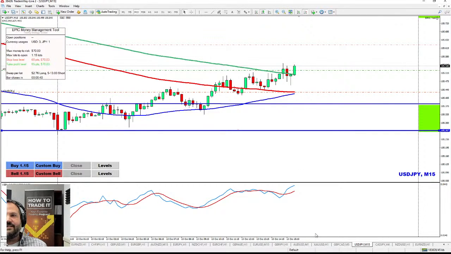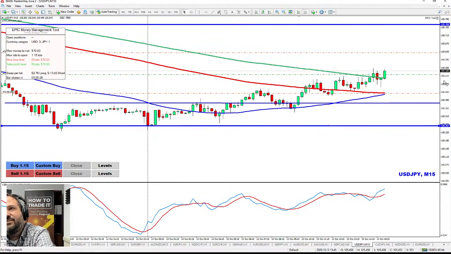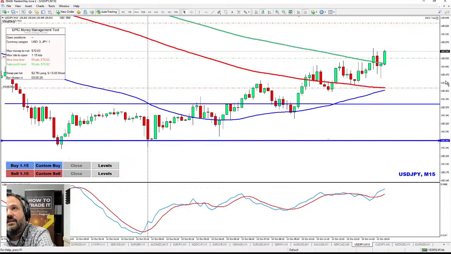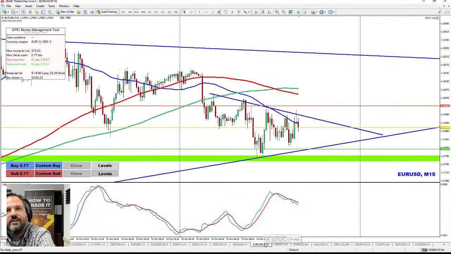I like it. Something we might want to keep our eyes on in the future: this is a 50 period moving average, a 150 and a 200. On the 15-minute, when it breaks all three, it's usually a pretty good trade. So we'll keep our eyes out for those. I think those will work pretty well for us.